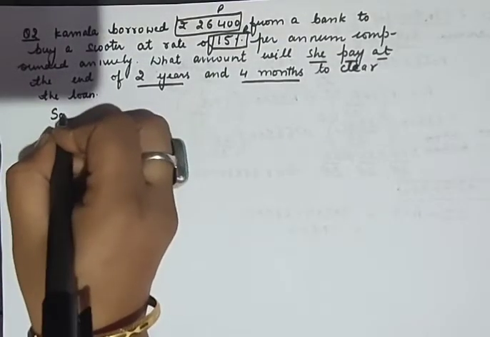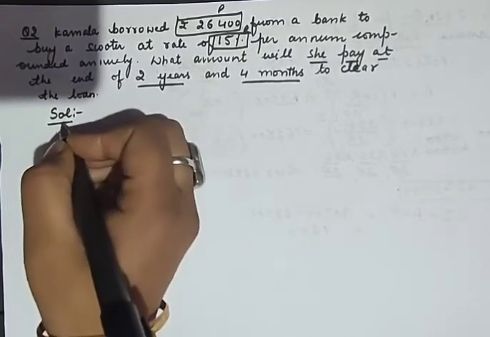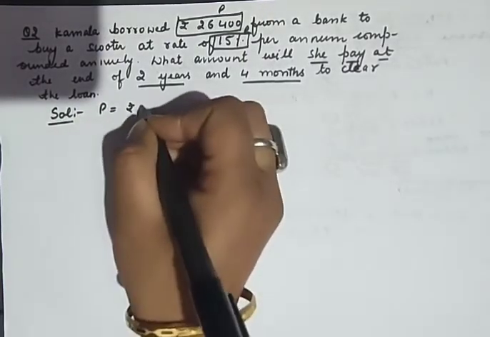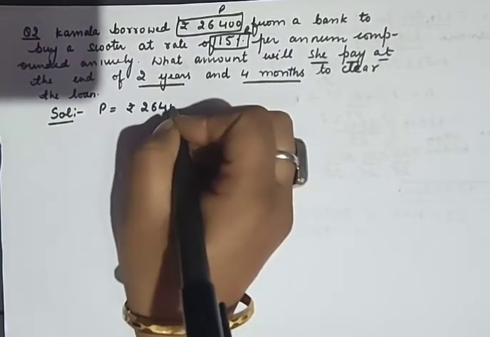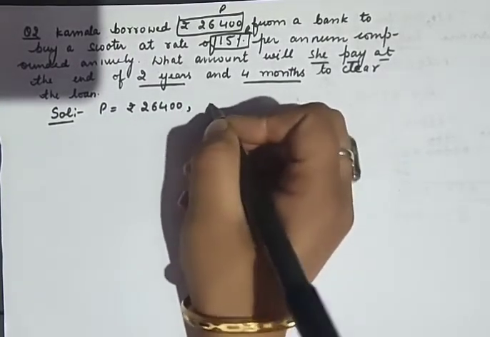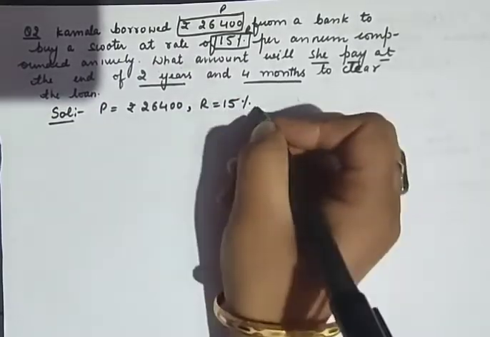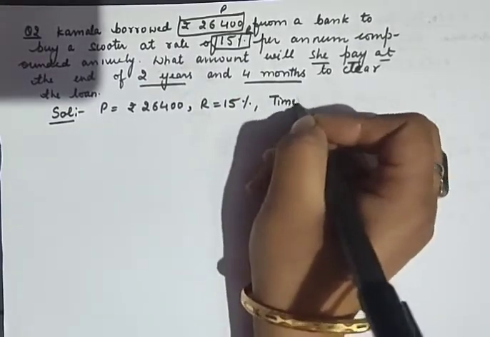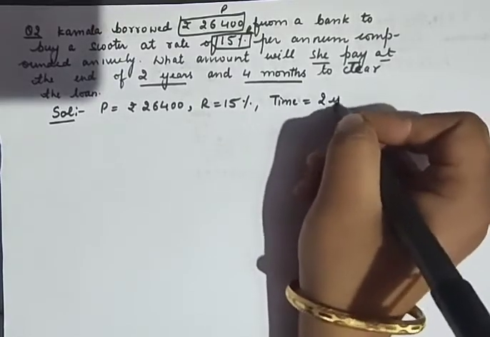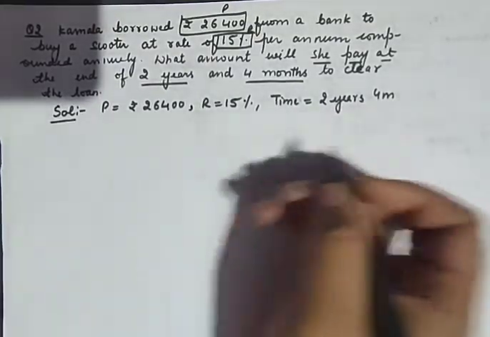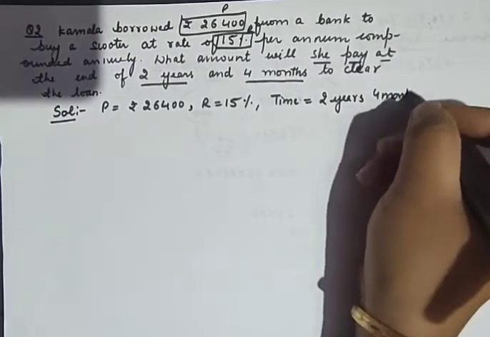I am starting my solution here. P is rupees 26,400, your rate is 15%, and the time given is 2 years and 4 months.